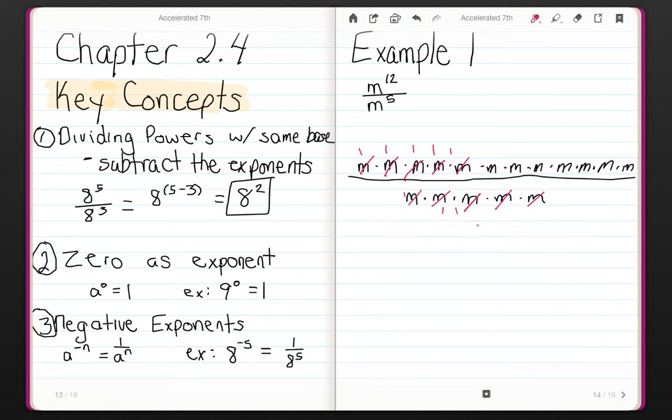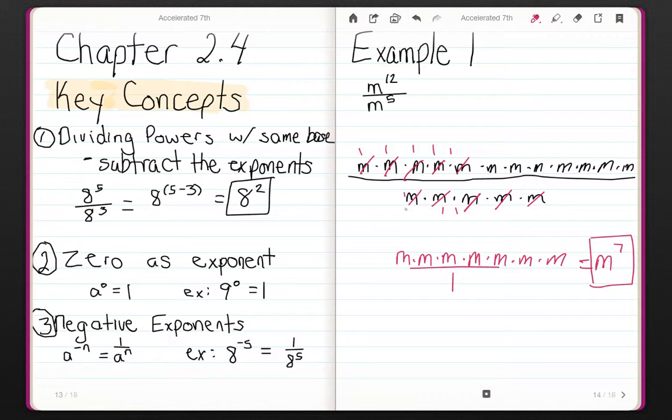So my denominator is now 1. My numerator now has 1, 2, 3, 4, 5, 6, 7 m's, which equals m to the 7th power.